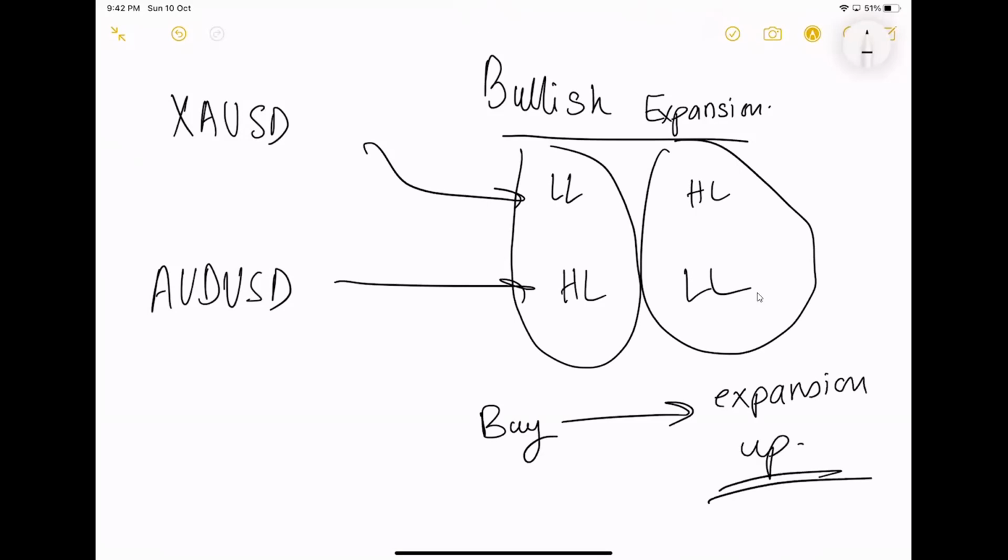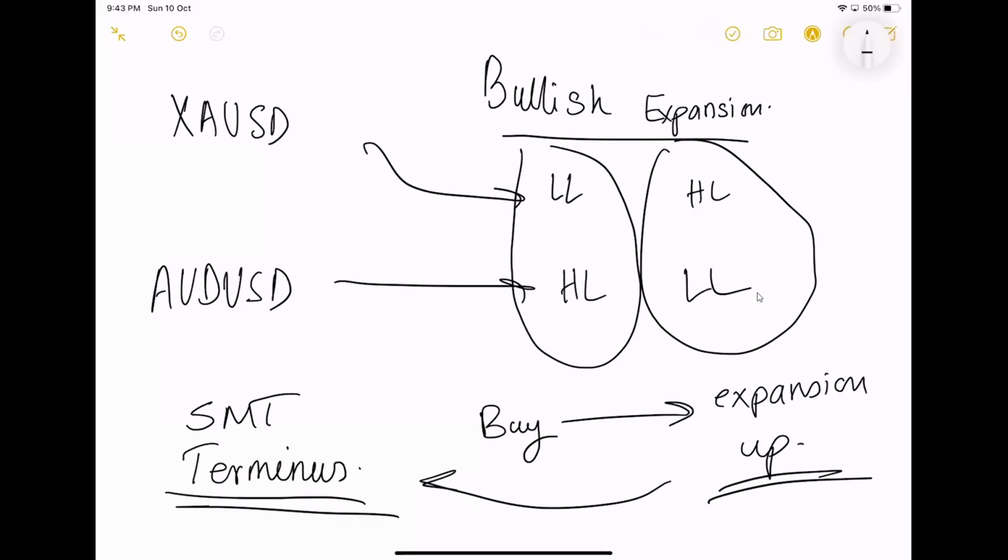Now, the extent to which it will expand is known as the SMT terminus, which unfortunately for you all, is off record.